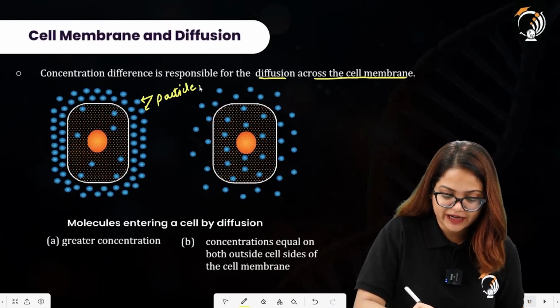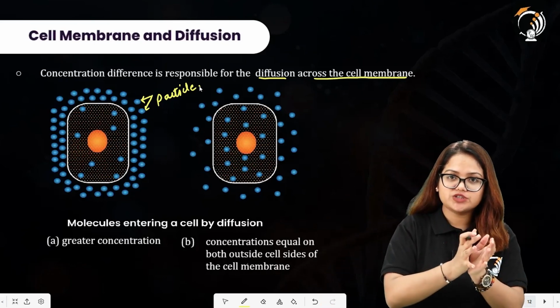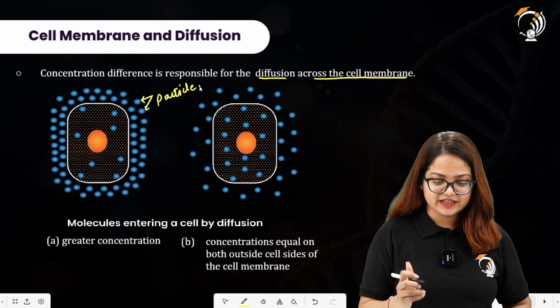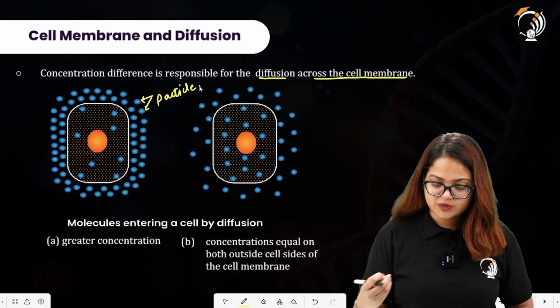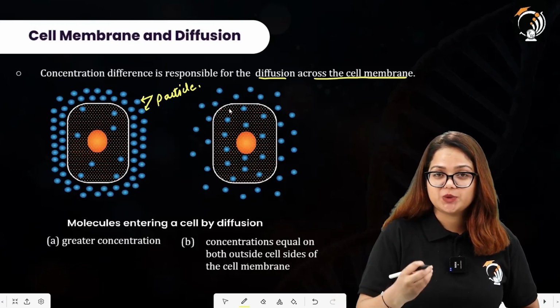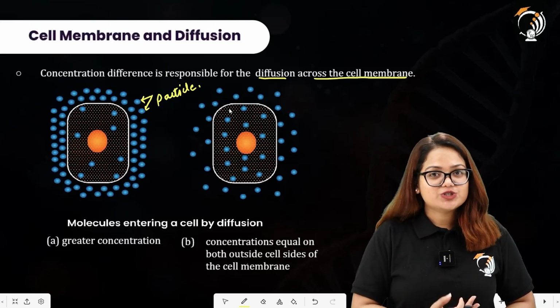Particles are moving from a region of high concentration to a region of low concentration, and that low concentration region is present inside the cells. So there will be a net movement into the cell, and the movement will take place in such a manner as to equalize the concentration in both of these environments.